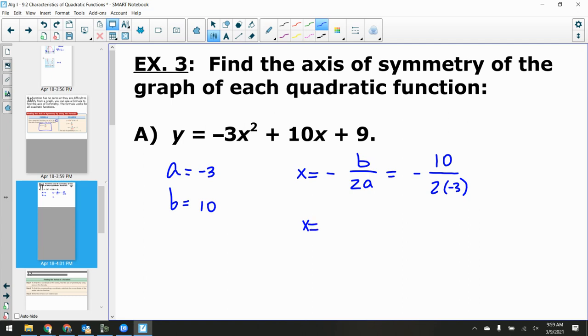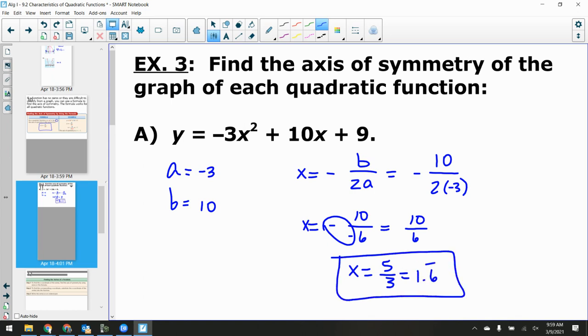That would be x is equal to negative 10 over negative 6. Do you notice how I've got 2 negative signs there? Negative, negative will cancel, leaving us a positive 10 over 6, which turns into x equals 5/3 as a reduced fraction, or 1.6 repeating, 1.67, whatever you want to say there. What does that tell me?